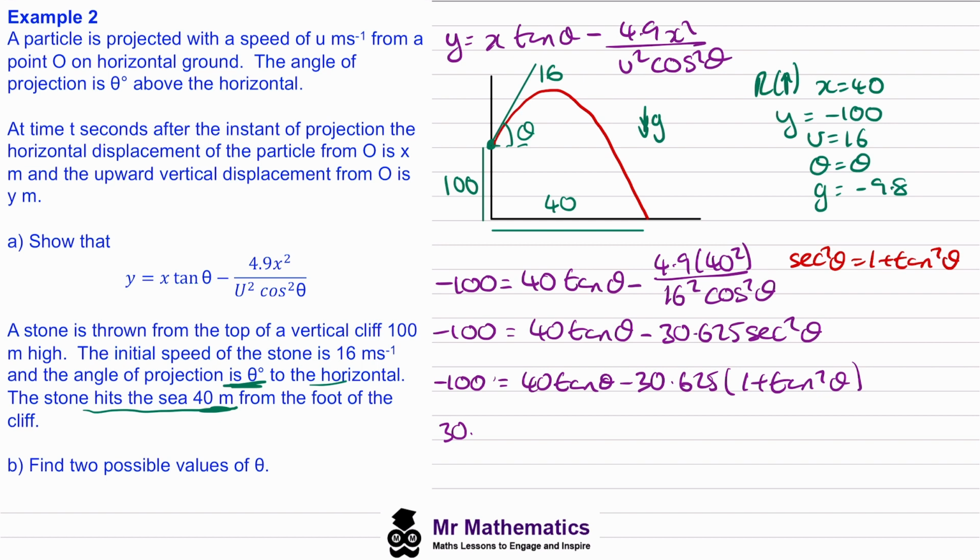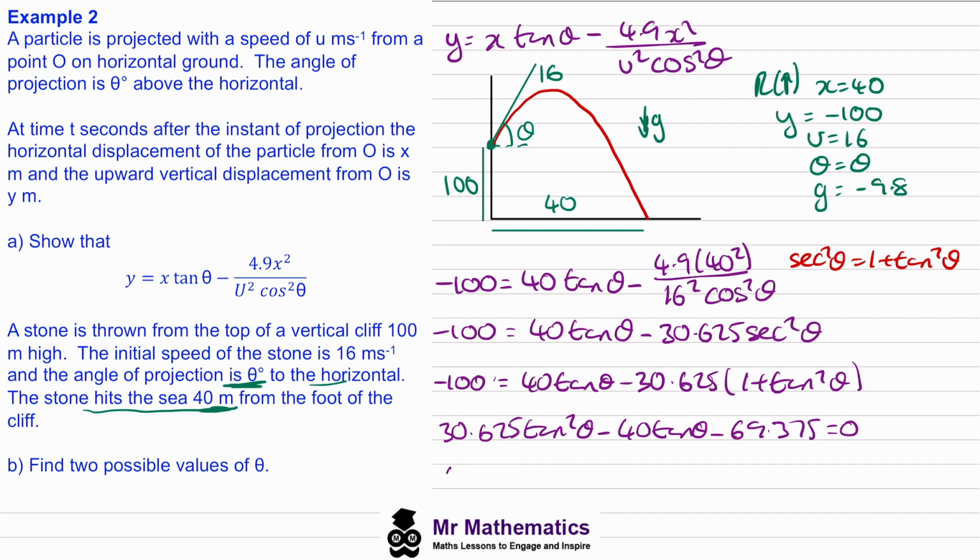So 30.625 tan squared theta minus 40 tan theta minus 69.375 will equal 0. And we can solve this quadratic on our calculators.